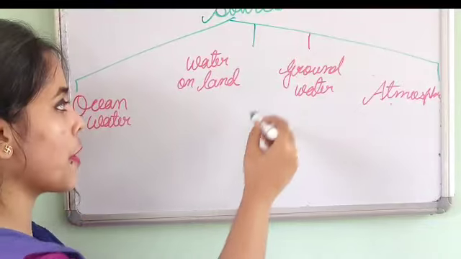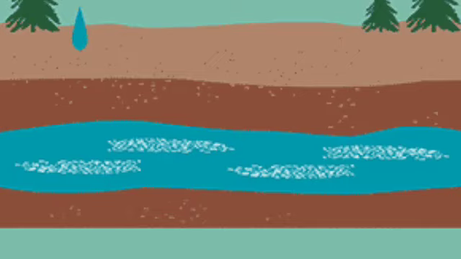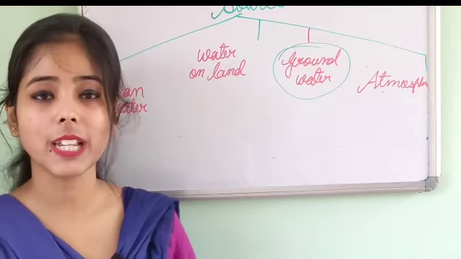Now the next one is groundwater. What is that? When water flows over the land, sometimes you can see cracks on the land. When cracks are present, obviously a certain amount of the flowing water will sink down into the inner part of the earth. That is known as groundwater. So the water present inside the earth's surface is known as groundwater.